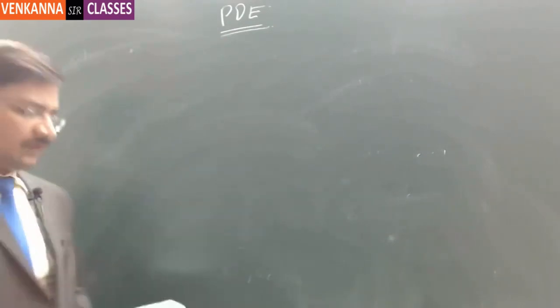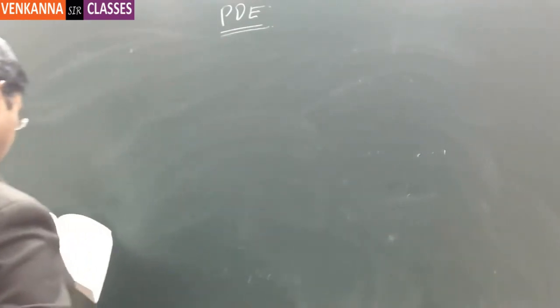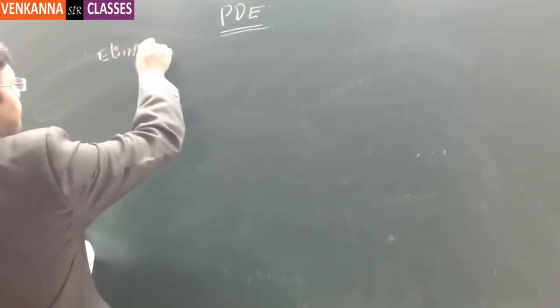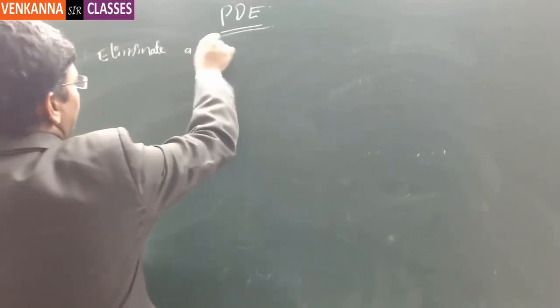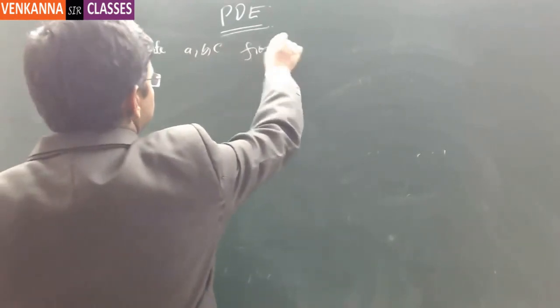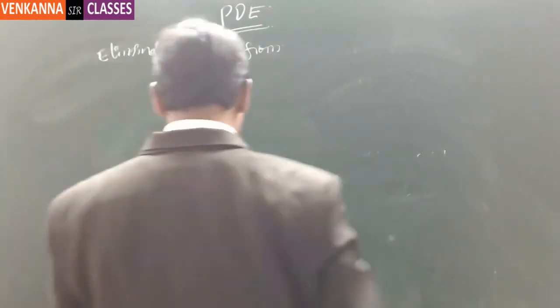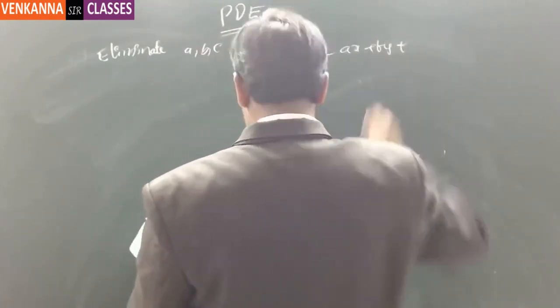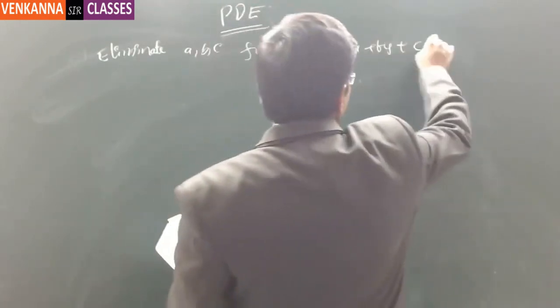Note down one more. Form the differential equation or eliminate a, b, c from z is equal to ax plus by plus cxy.